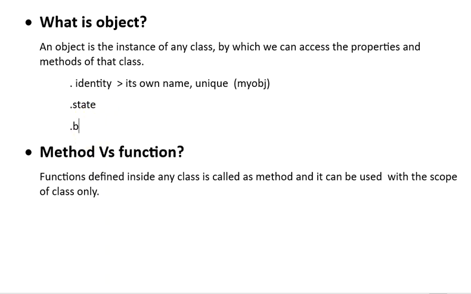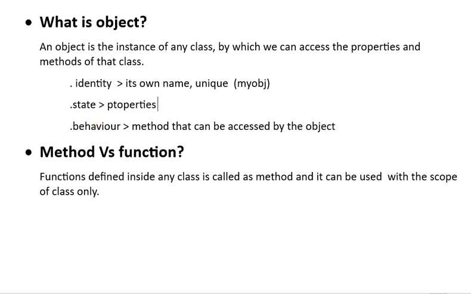So this behavior is nothing but the methods that can be accessed by the object, and state is nothing but the properties of the class that can be accessed by the object.